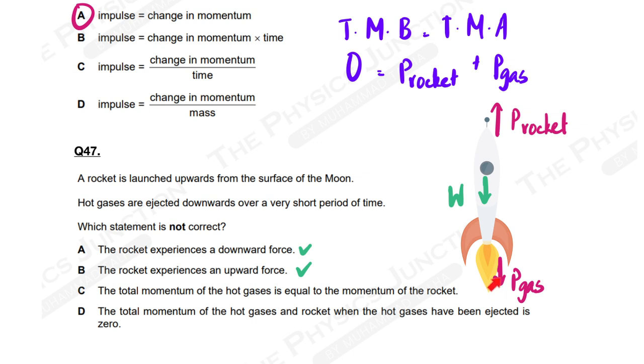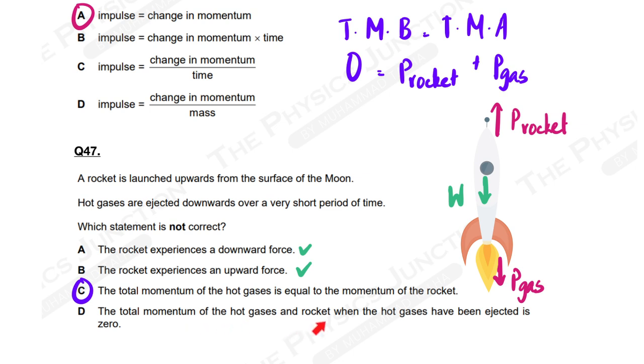It is a vector quantity, direction does make a difference. So I would not say they are equal because the directions are different, right? As we did the question before as well. So the total momentum of the hot gases is opposite and equal to the momentum of the rocket. So as it stands, this is not correct. This is the answer.